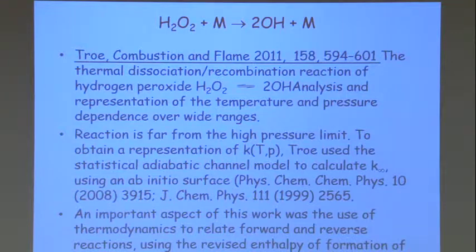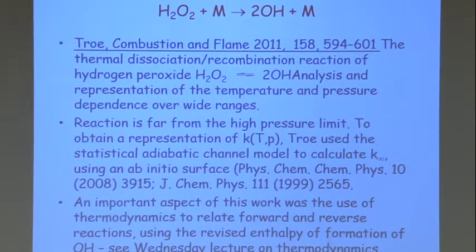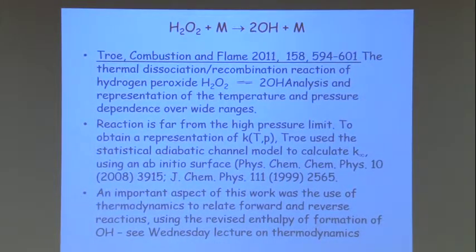Right, now we form the hydrogen peroxide. Can we say something about the rate constant for hydrogen peroxide dissociation to form hydroxyl radicals? This is the branching step at high temperatures.